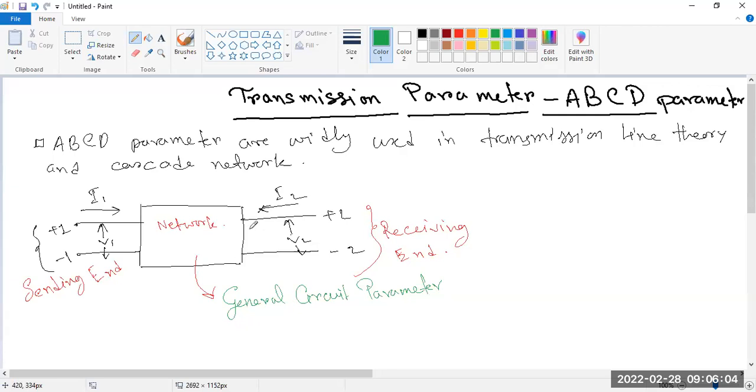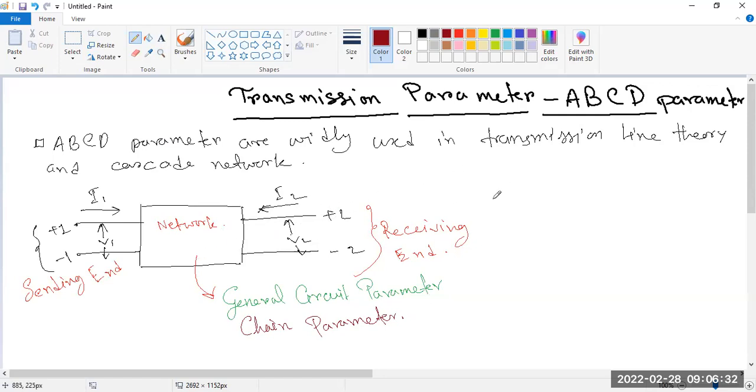It has another name, which is called the chain parameter. So these are the few names.